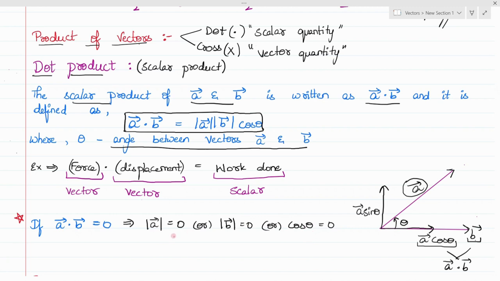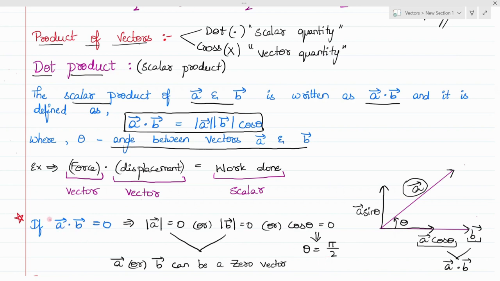If the magnitude of A is 0 or the magnitude of B is 0, it tells us that the A vector or the B vector can be a 0 vector. In the other case, cos theta is 0, which means theta is nothing but pi by 2.